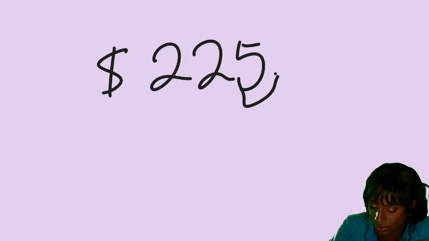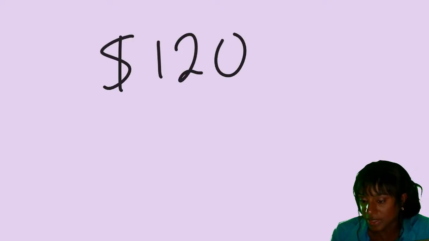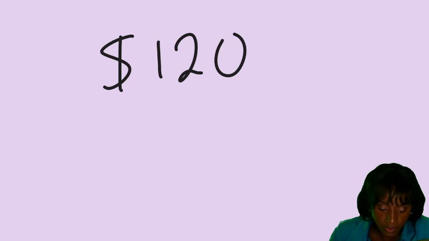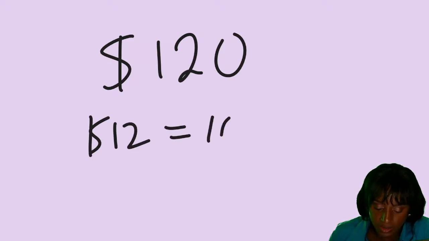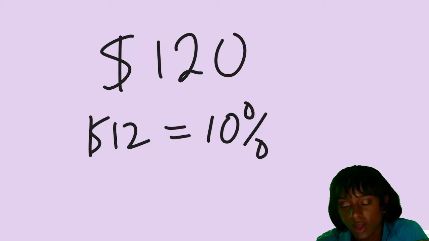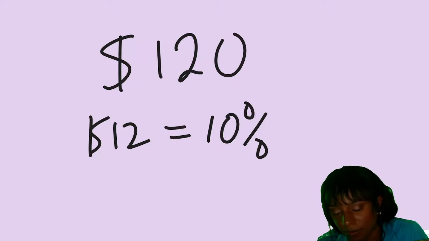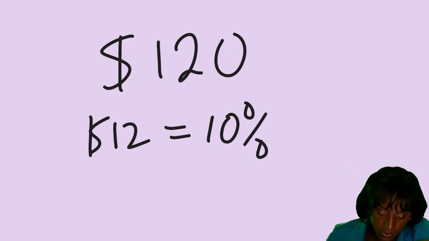Now, let's look at this quickly before we move on to the next question. You all told me a while ago that 10% of $120 is $12, right? So $12 represents 10%. If $12 represents 10% of 120, how much money would represent 20%?